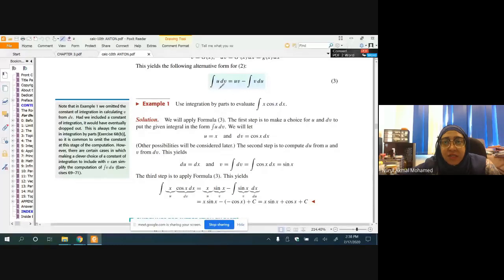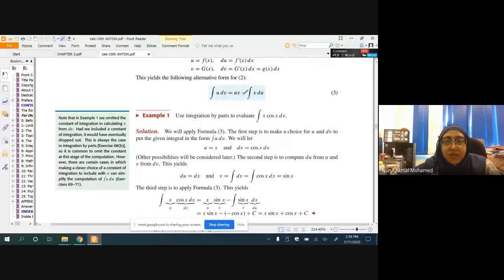For the integral of u dv, integration by parts is given by uv minus the integral of v du. So before that, you have to choose which variable you want to denote for u and which for dv.